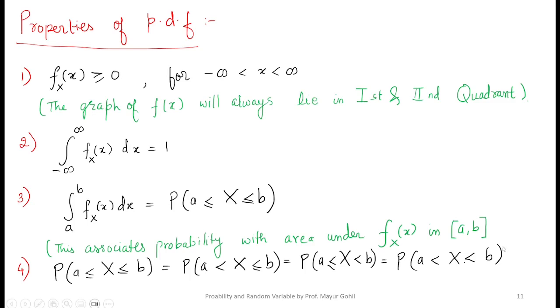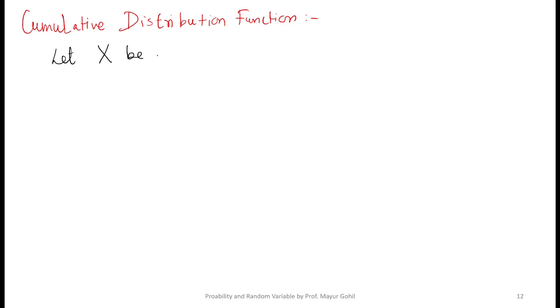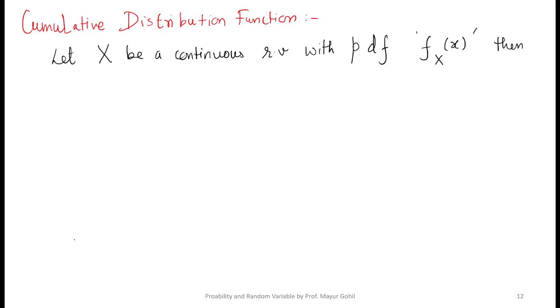Now let me take you to a very important definition, the cumulative distribution function related to a continuous random variable. So here the definition is this, we'll write it here again. Let capital X be a continuous RV with PDF f(x). Okay, then capital F(x) is equal to, by definition, this.